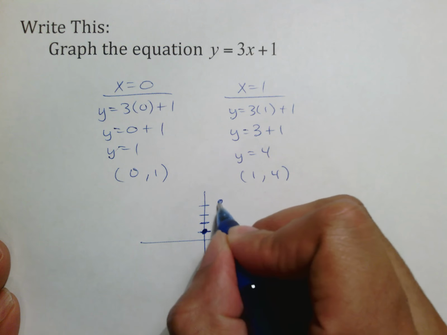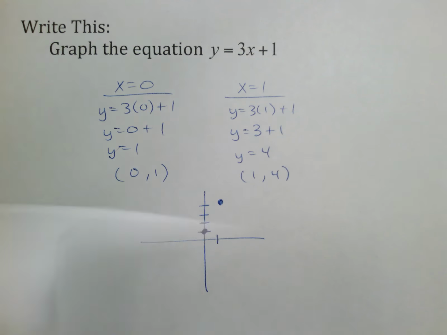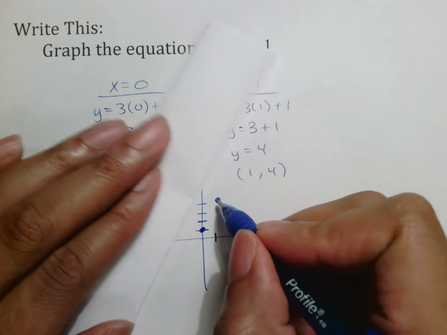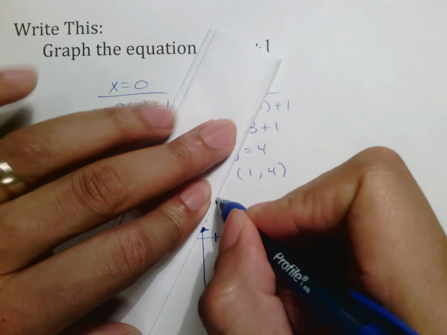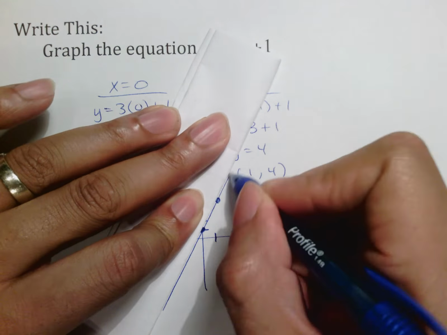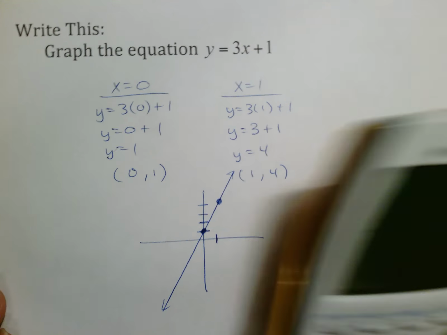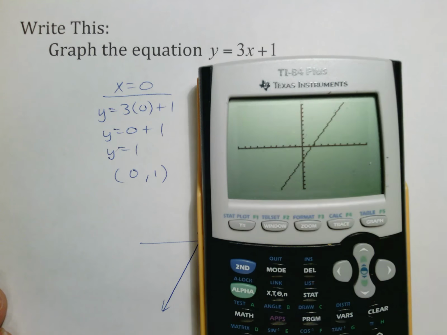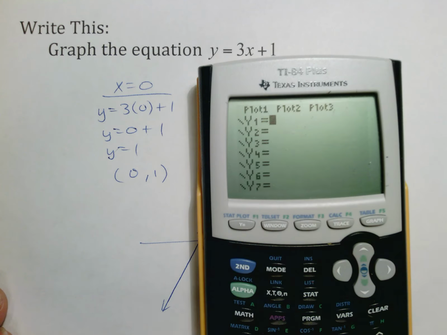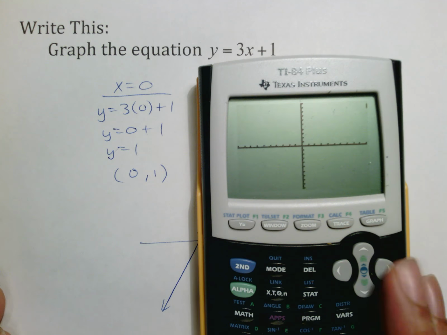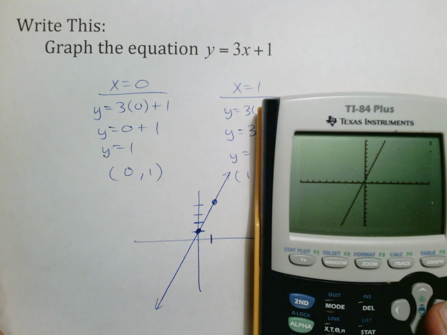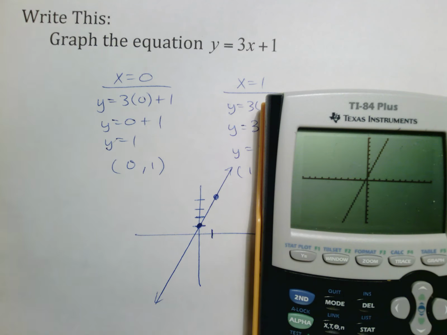Put your second dot, and then again you take your straight edge and you simply connect these 2 things all the way across the grid, and that is our graph. Again, if I was to type this in, plus 1. You end up with a graph that looks almost exactly the same, goes the same direction, everything is good.